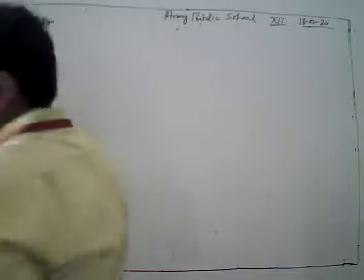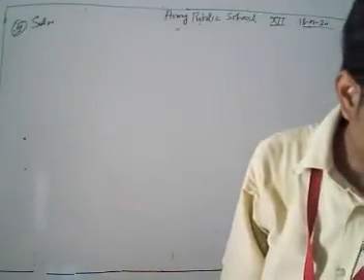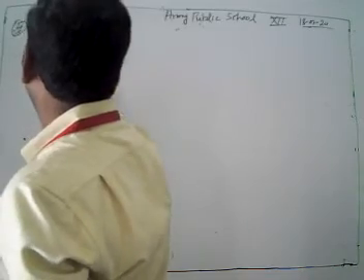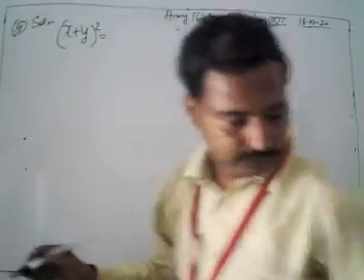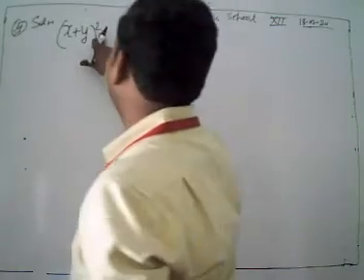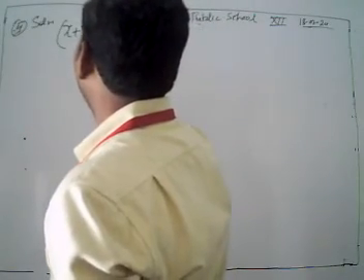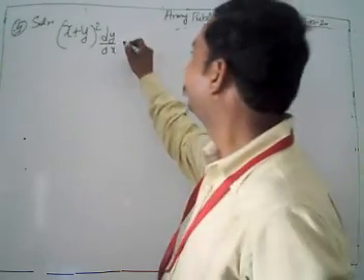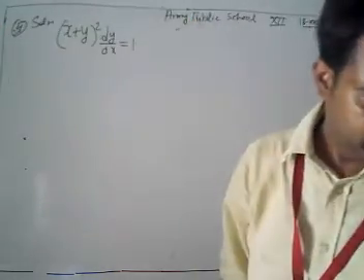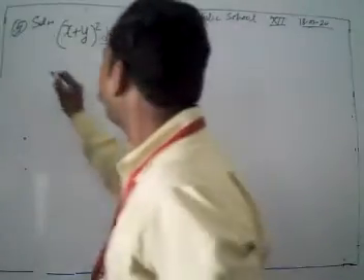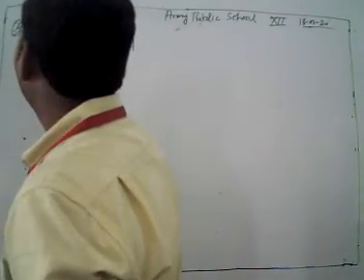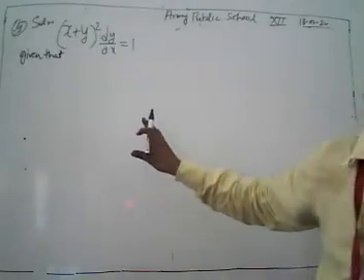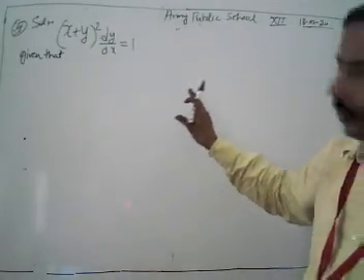What do we have? We have to solve x plus y whole square multiplied by dy/dx is equal to 1, given that y is equal to 0 and x equal to 1.